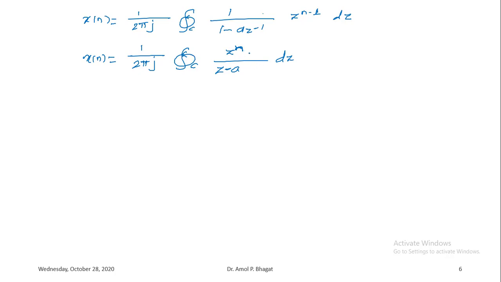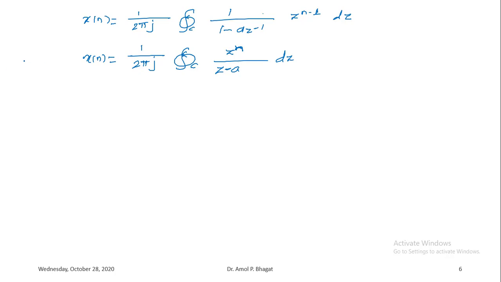So for positive values of n, that means the power of z is positive, in that case the pole will be only at z equal to a. The pole will not exist at z equal to 0.